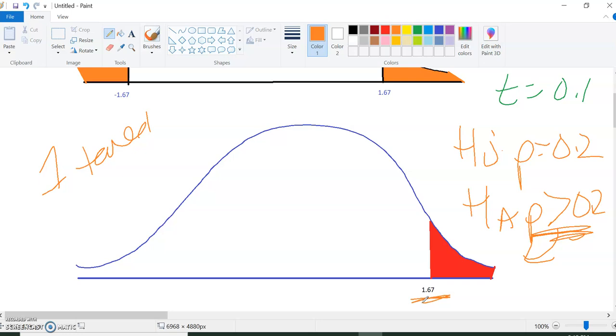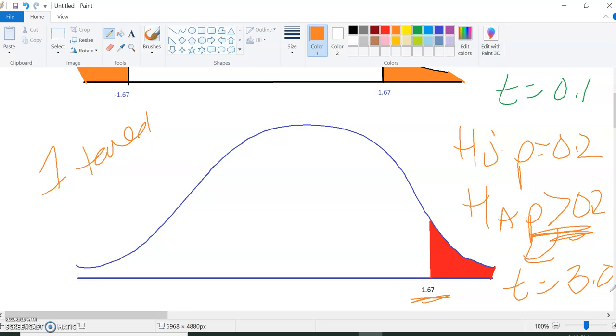So if I had a value here of say 0.301, I would be able to reject the null, and I would be able to say that the proportion is greater than 20%, better than 0.2, okay? I only care about that end. If I have a significance level of 0.05, this whole thing would be 0.05.